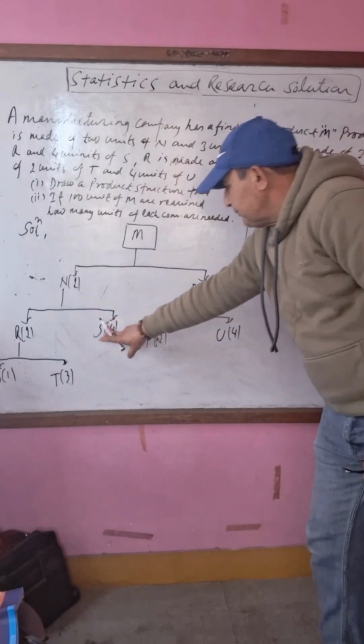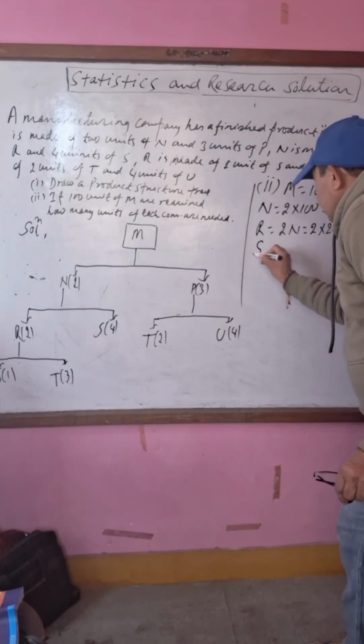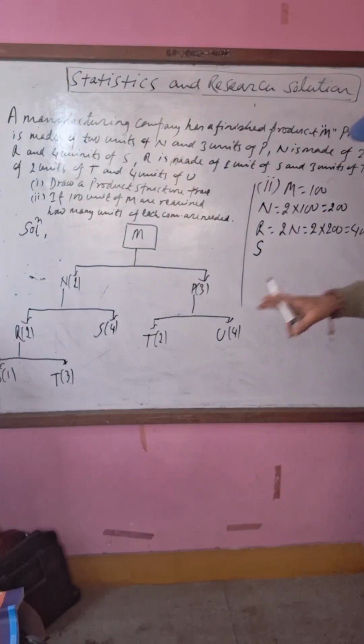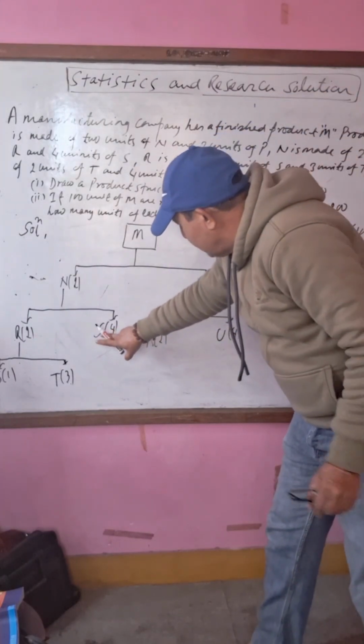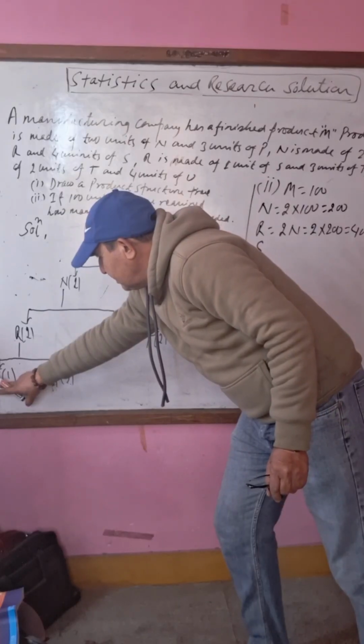Similarly, you calculate S. Here 2 S are there. One S is this one, another S is this one. Be careful about this.